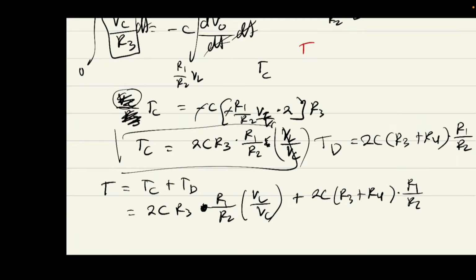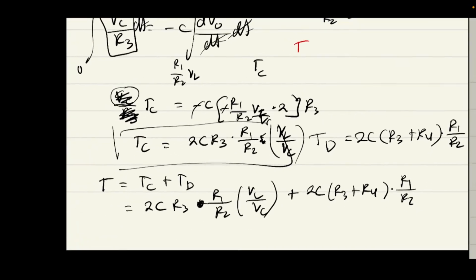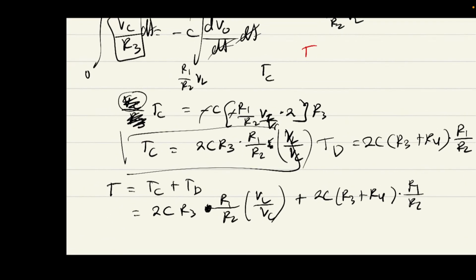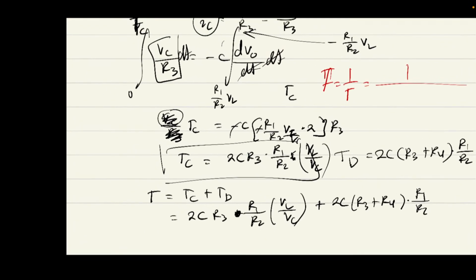Okay, and then for the final expression, give me a second. Then for the final expression, we say that the frequency is 1 over t, which is going to be 1 over 2C times R3 R1 on R2 VL on VC plus R3 plus R4 times R1 on R2.